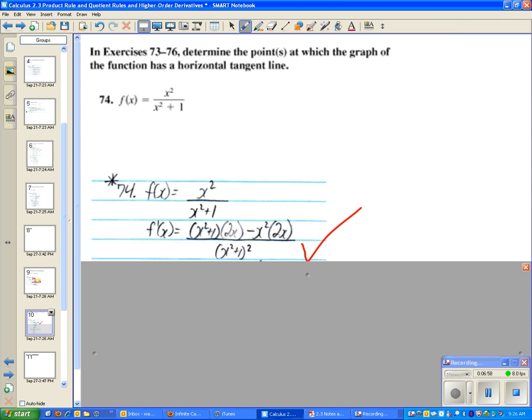Now, I've noticed that things that in the previous section were the point of the problem, finding the derivative, are now just taken for granted. We just have to take it for granted that you can find the derivative of x squared and of x squared plus 1. It's got to become automatic, no matter what the coefficient or the exponent is.